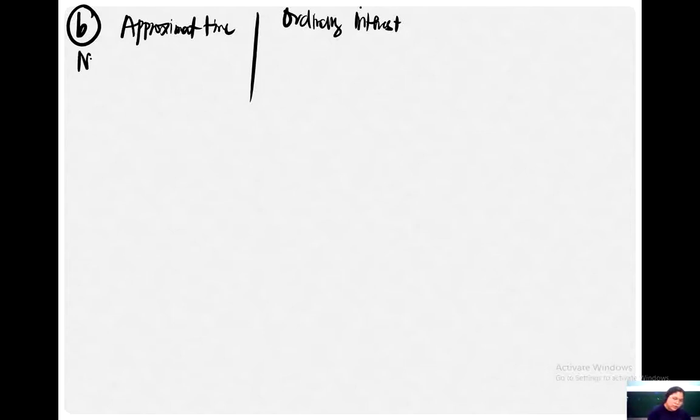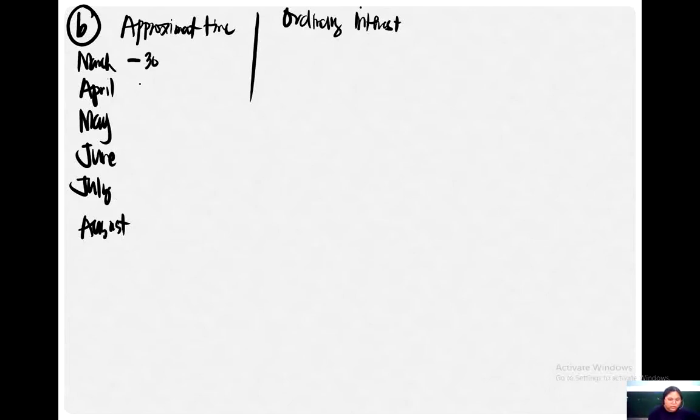We have March, April, May, June, July, and August. All of these are 30. So we use 30 for every month using the approximate time.